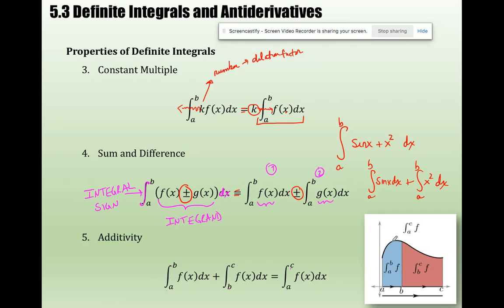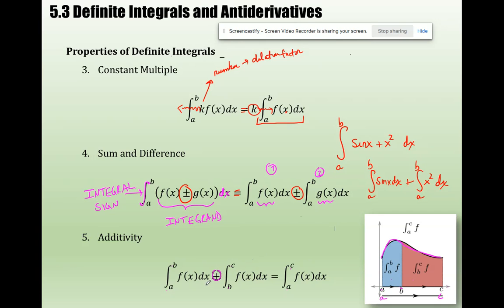Right? Because when you integrate, you are integrating under the same function. If you integrate from A to B and add the blue area to the orange, red, pink area, going from A to B and from B to C is the same thing as going from A to C.